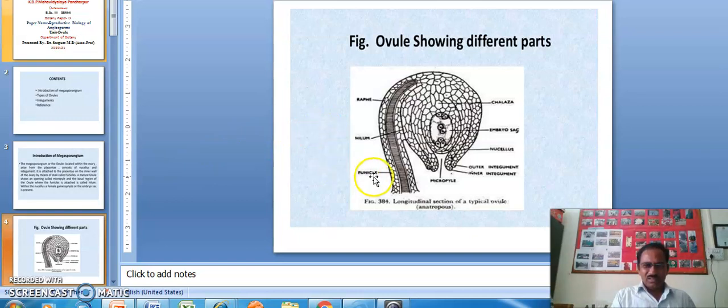This is the funicle, this is hilum, this is raphe, then this is the chalaza, then this is micropylar end, then these are the integuments, outer integuments and inner integuments. This is nucellus, and at the center there is the presence of embryo sac. This is the structure of a typical ovule.